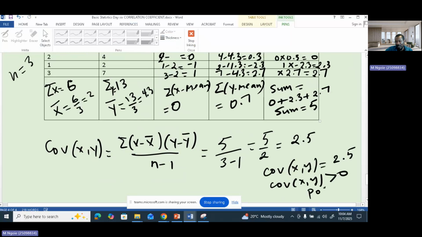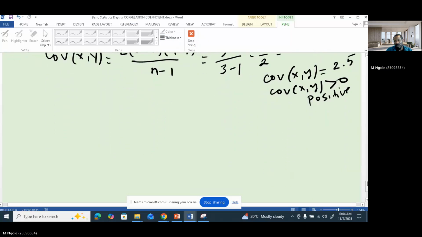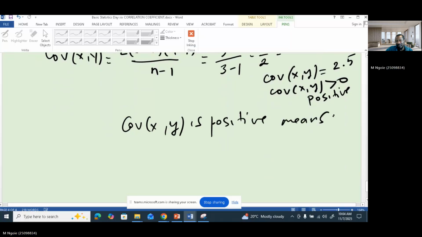Your covariance is positive. When the covariance is positive, it means that these two are moving in the same direction.